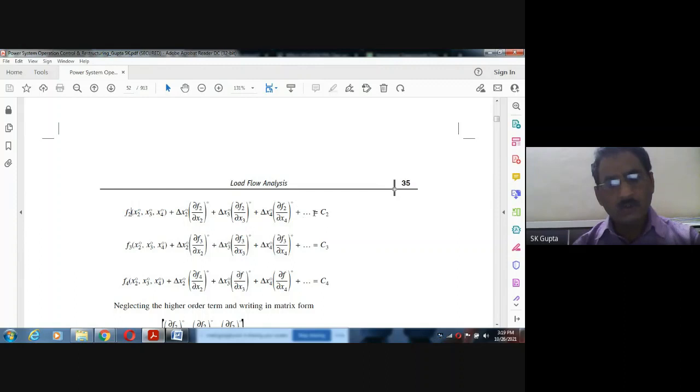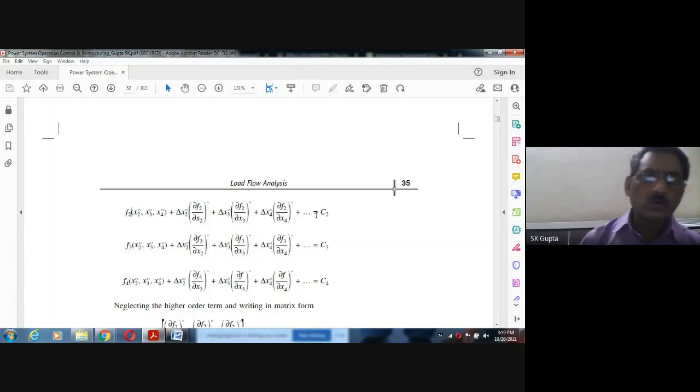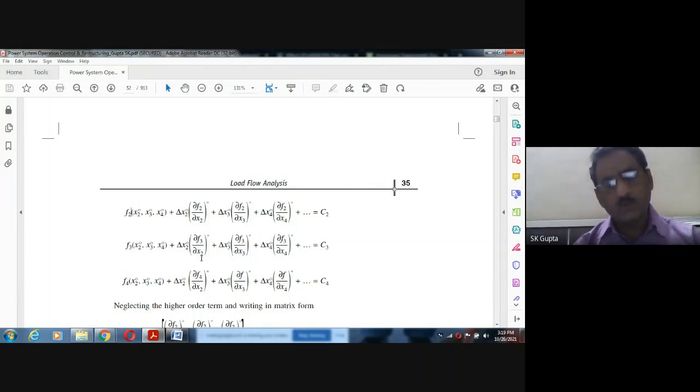Then the higher order terms are del x squared by factorial 2, then del x squared by 3, and so on. The higher order terms we neglected in the previous case are neglected here also. Similarly, the value of f3 by putting the estimated value, then partial differentiation of f3 with respect to all x2, x3, x4. Similarly, partial differentiation of f4 with respect to all variables x2, x3, x4. This is the first order term of the expansion.